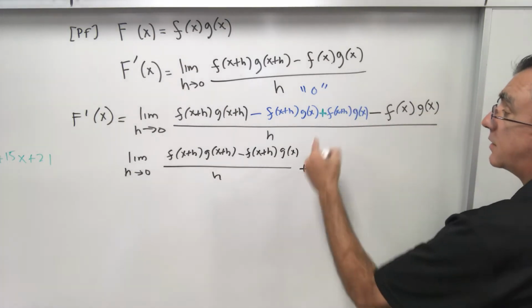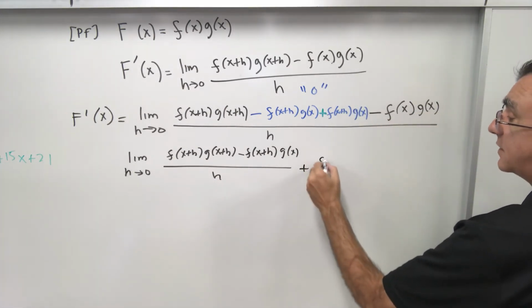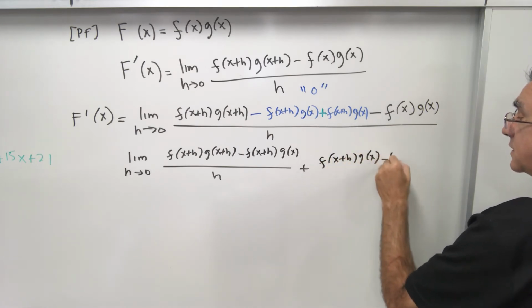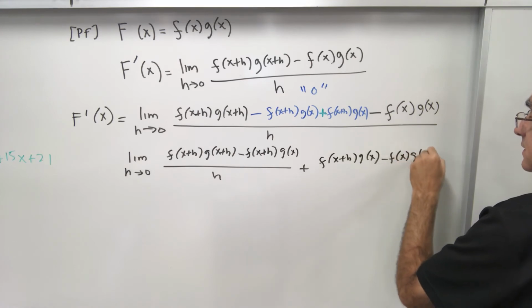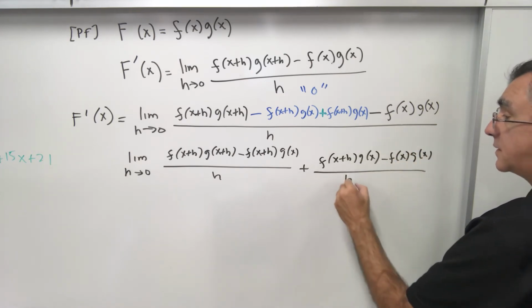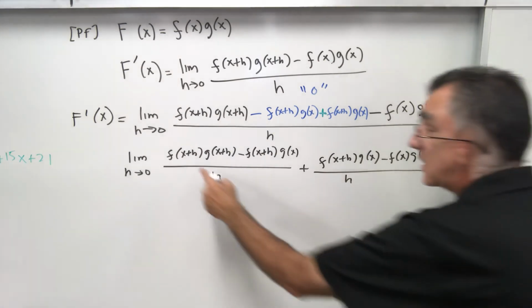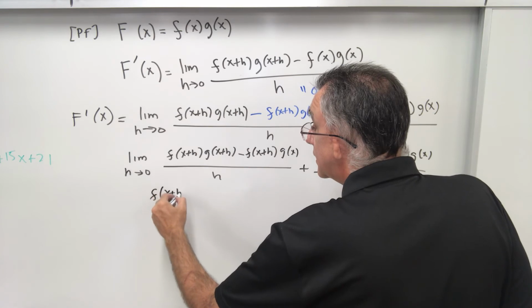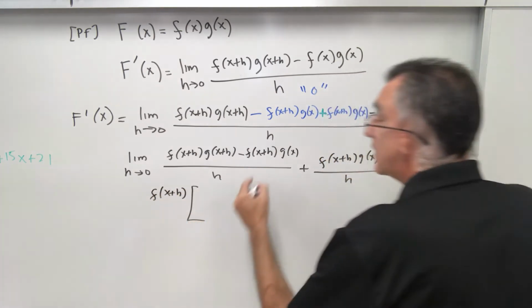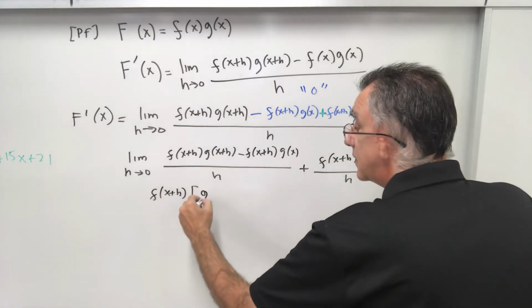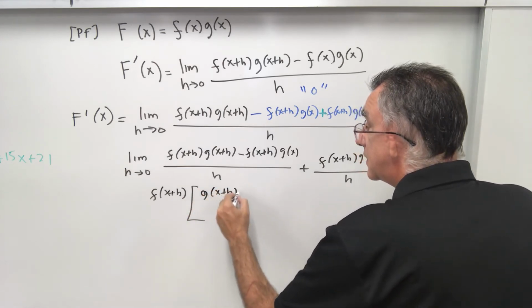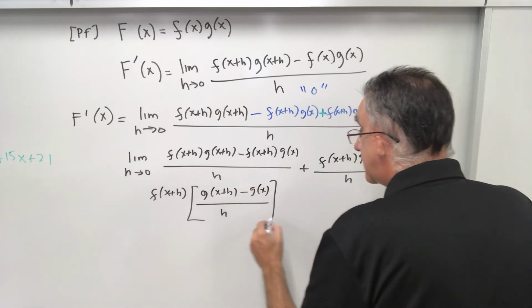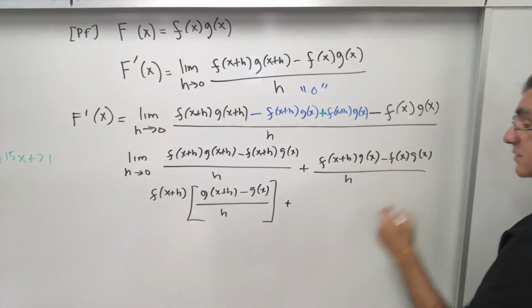And then I'm going to break the second half of it off as its own question, in a sense. Some of you might be able to see what's going to happen here. Notice that they have a common factor. So I'm going to factor it out, here and here. And here it has the common factor of g.